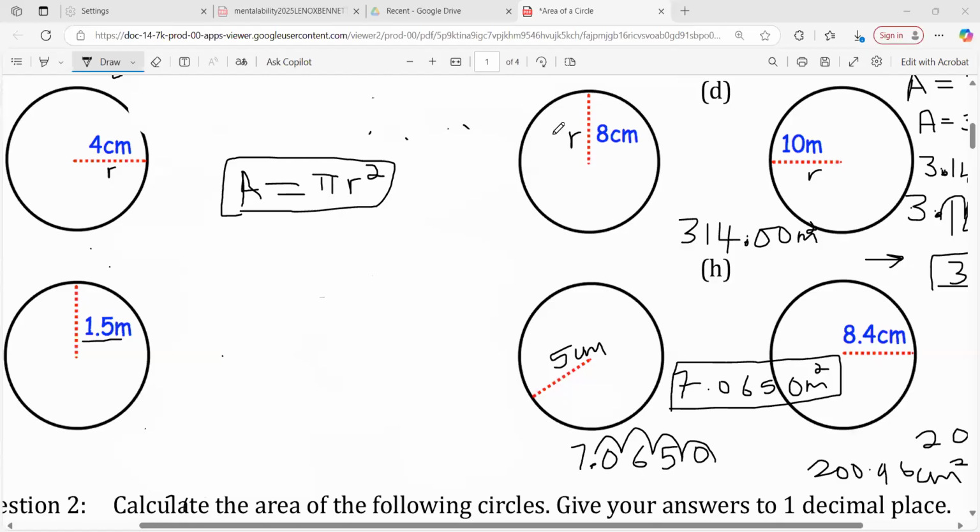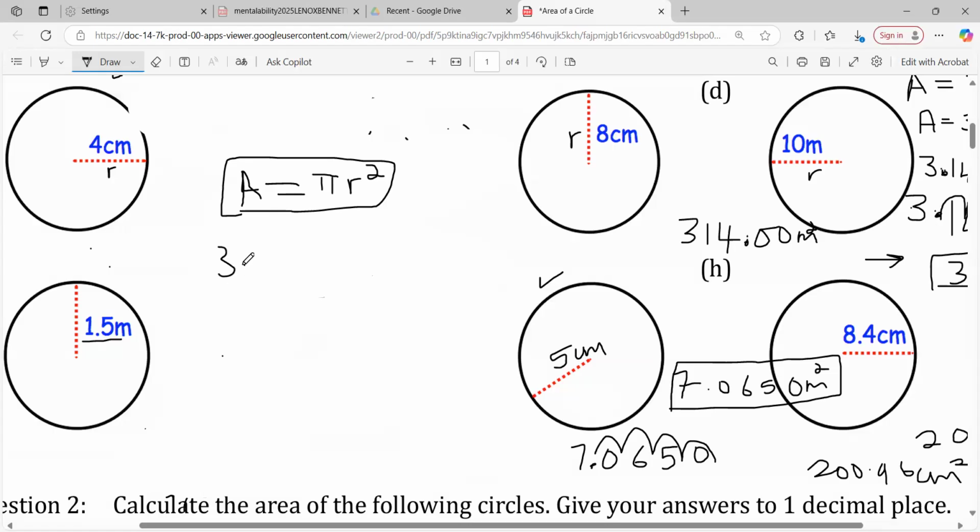Go ahead. So, sir, we have a circle, right, sir? And we're supposed to find the area. So, in order to find the area, sir, we need to know the radius. And as you can see, the radius is 5 centimeters. And then the formula for finding the perimeter of a circle is 3.14 times... I think it's a perimeter.